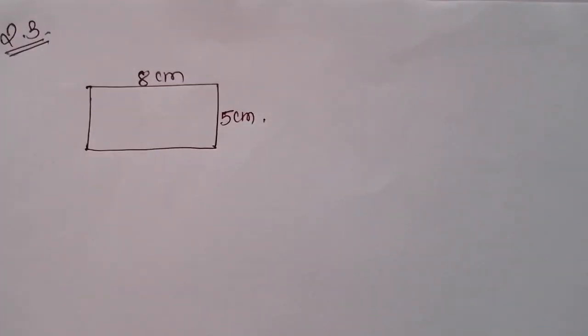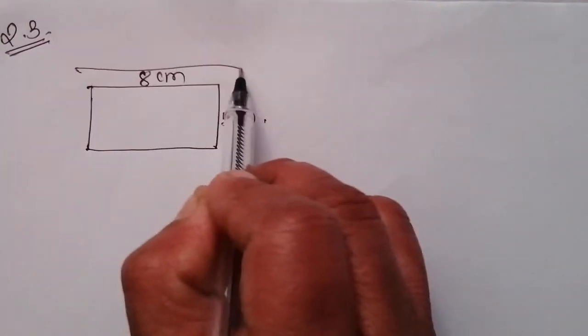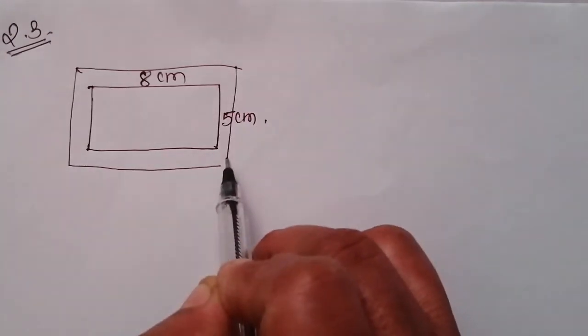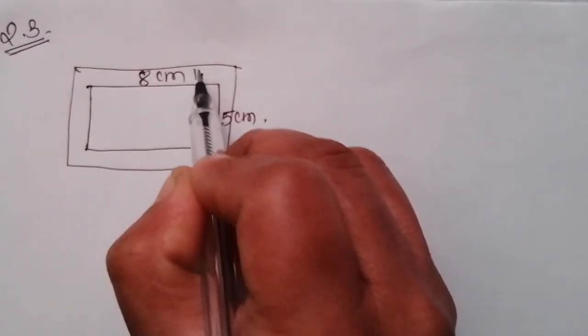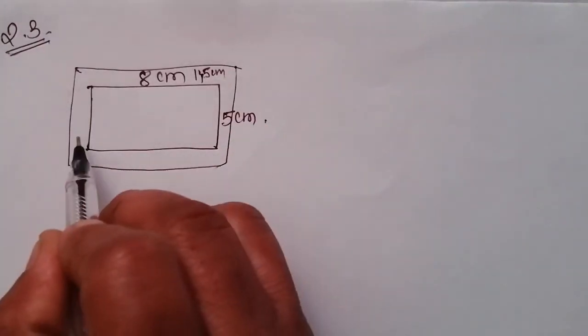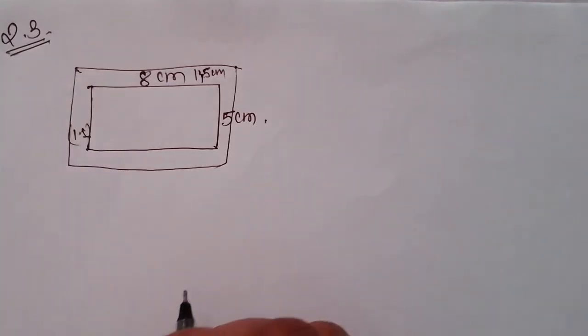Now it is given that there is a margin of 1.5 centimeter along each side, means this is 1.5 centimeter wide margin. This is also 1.5. Now it asks you to find the total area of the margin.